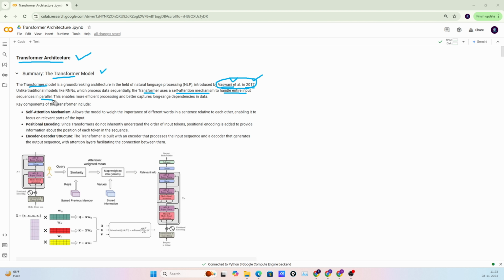So before the transformer, models like RNN and LSTM worked in sequence. But in the transformer, again the input is sequential, like we have the sentence, we have the paragraph, those data are sequential. But in the transformer we add a self attention mechanism which handles the entire input in parallel mode.